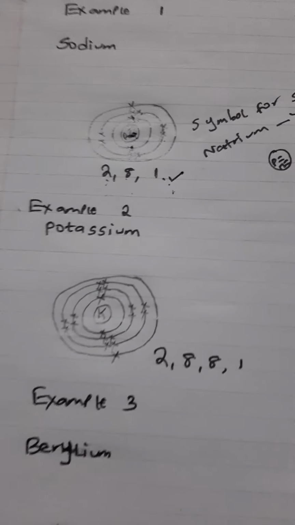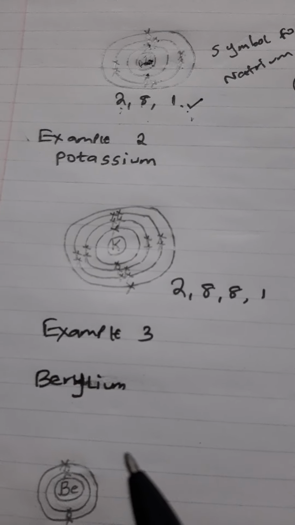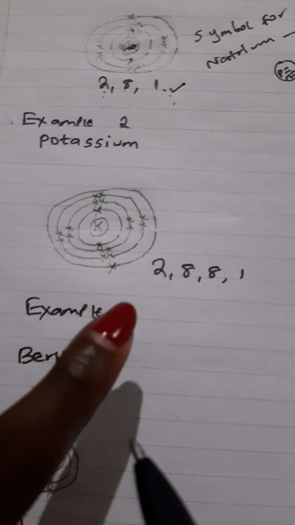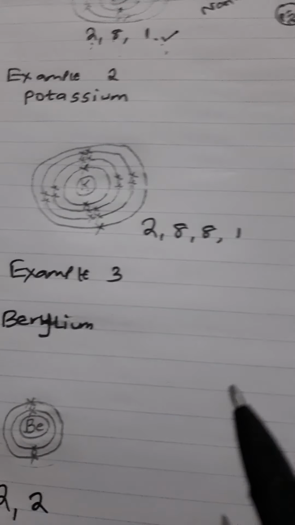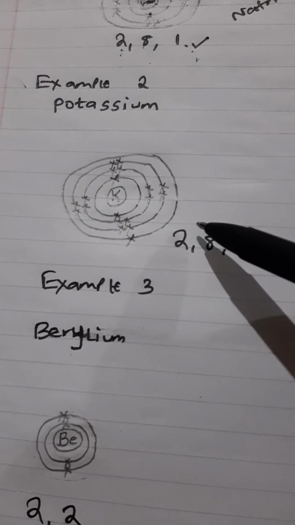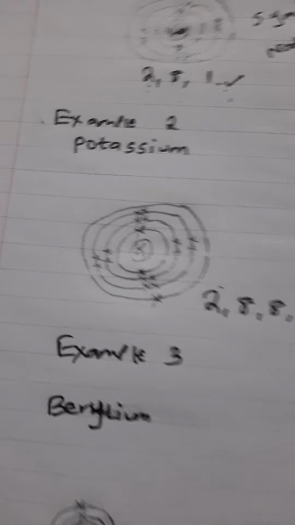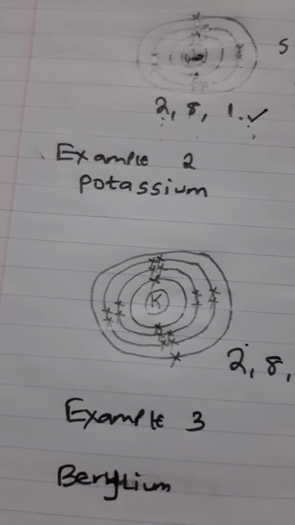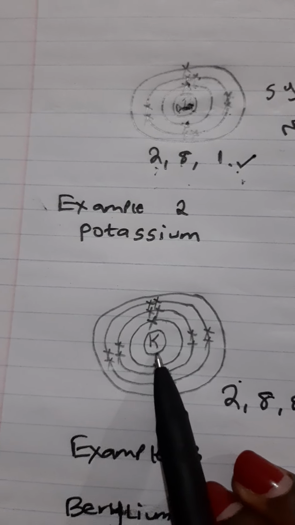Okay, very good. Let's go very fast to our second example where we have potassium. Remember the electron configuration was 2, 8, 8, 1. So this means potassium has 4 shells. So we have 1, 2, 3, and 4. When you come to the element you want to draw, remember in the middle, what do we have?